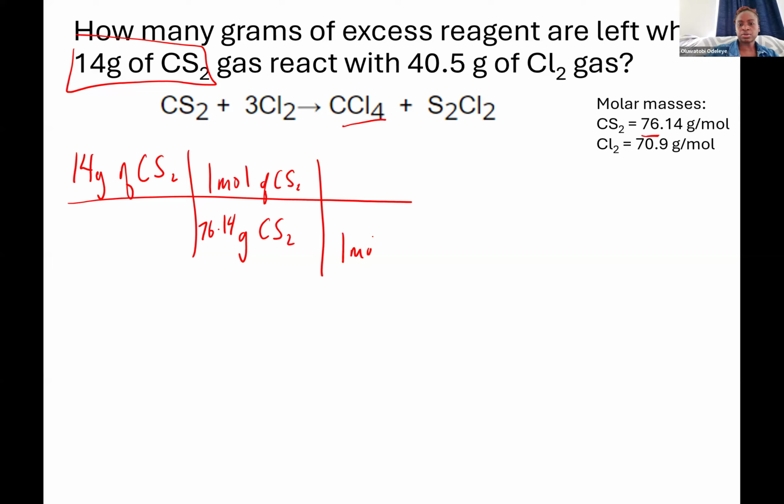For every 1 mole of CS2, I have 1 mole of carbon tetrachloride. I picked this one. You could totally pick this one. It doesn't matter. What you're trying to do here is figure out what the limiting reactant is. Just pick one. That's going to give me an answer.